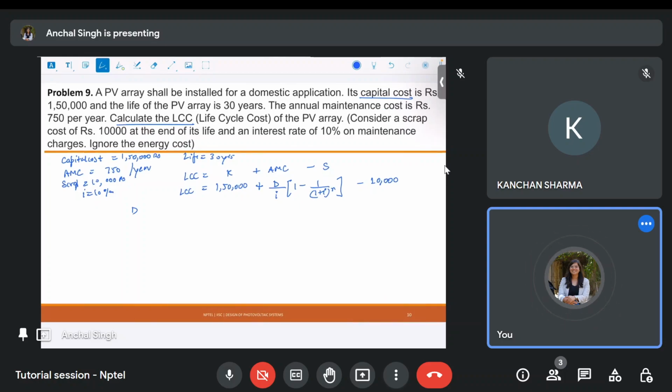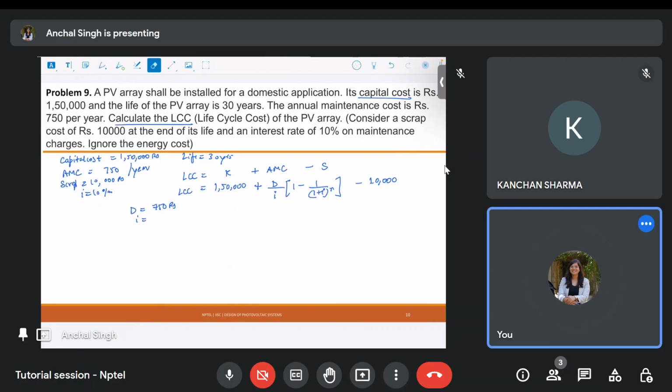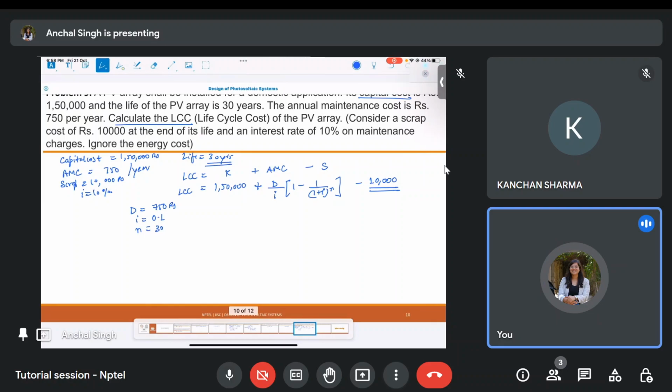Now we know that D, that is the installment that we have to pay, is 750 rupees, and I is given as 10%, that means I will be 0.1. So when you put these values, n will be equal to 30 years, because we are looking for a life of 30 years. And scrap cost will be available at the end of 30 years only.